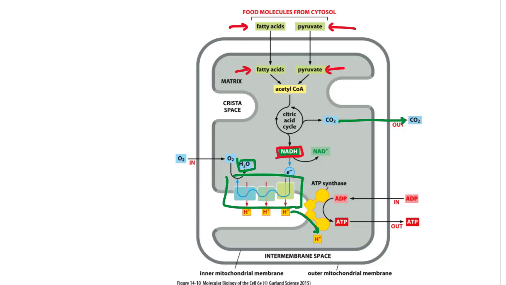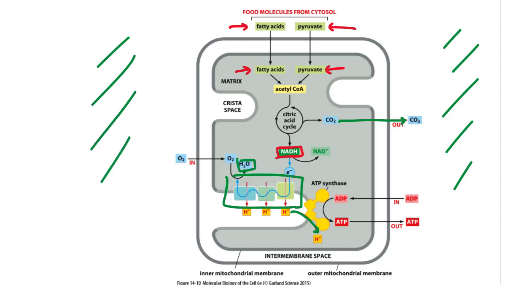Now, the interesting thing is, okay, how does ADP get into the matrix and how does ATP get out? Well, there are transporters for ADP and ATP. Of course, outside here in the cytosol, ATP is being used all the time to produce ADP because there's work to be done, right, to maintain life.